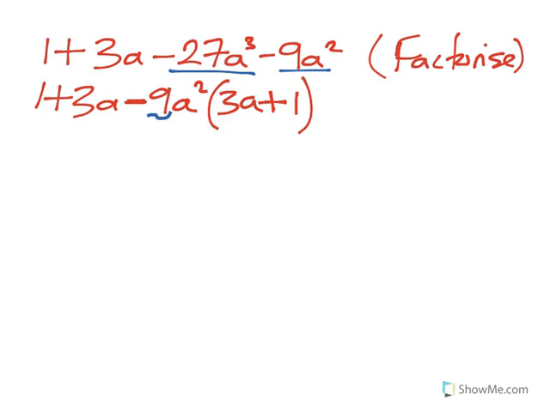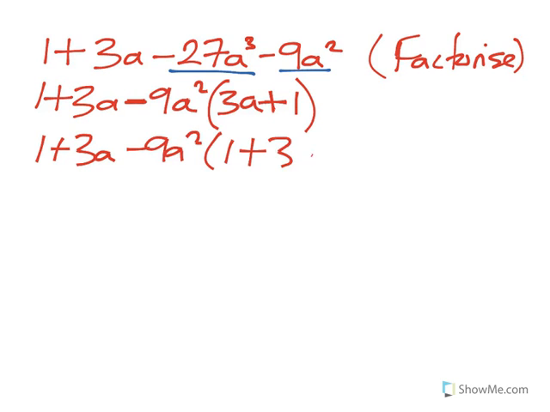Now, if we move on, we can rearrange this because 1 plus 3a is the same as 3a plus 1. I'm just rearranging so that it is the same. Now you can see that this and this is common. You can factorize it out.